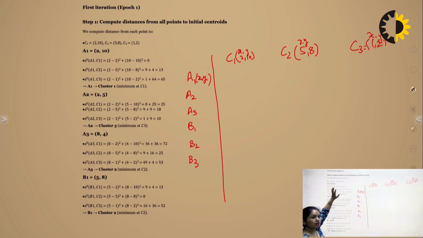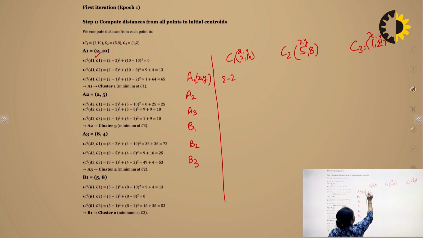Same in the bold I have mentioned it. So how will we do it? (x minus x1) whole square: x is 2 minus this x1, which is also 2, whole square, plus (10 minus 10) whole square, which is equivalent to 0.